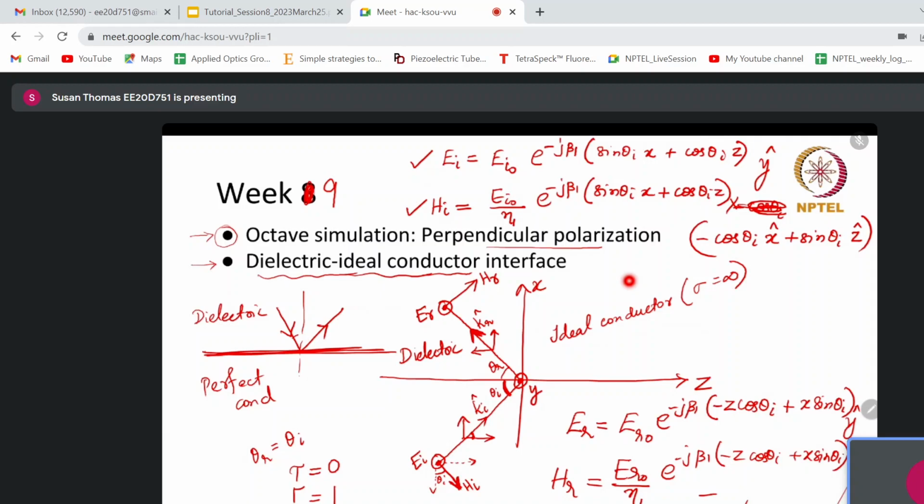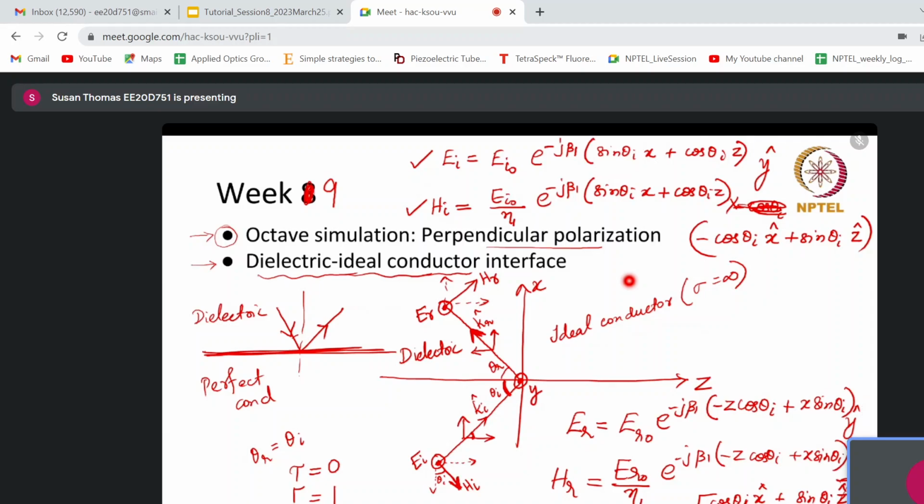HR can be resolved into two components, plus x and plus z. So cos theta I into x cap plus sine theta I into z cap. So these are the two components. So that's about the reflected fields.